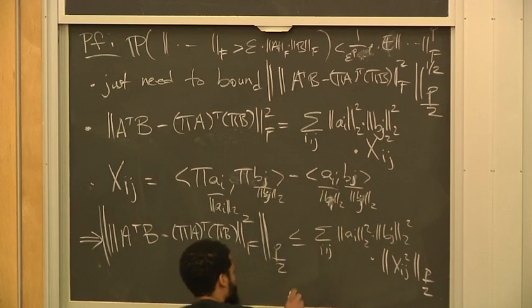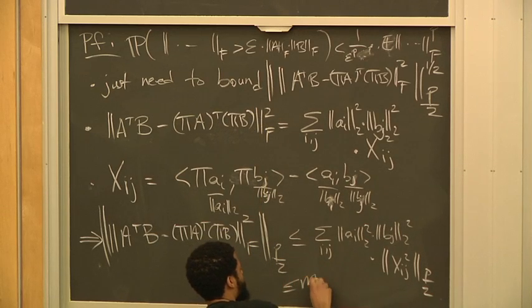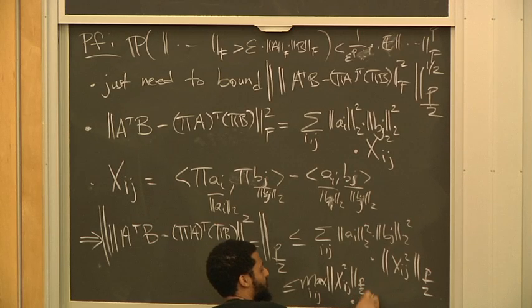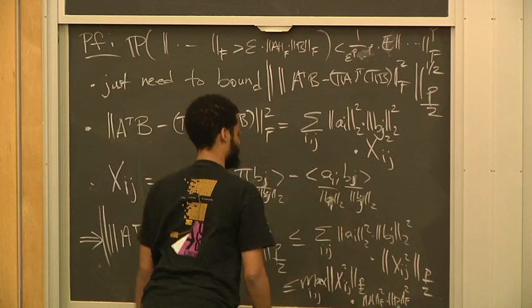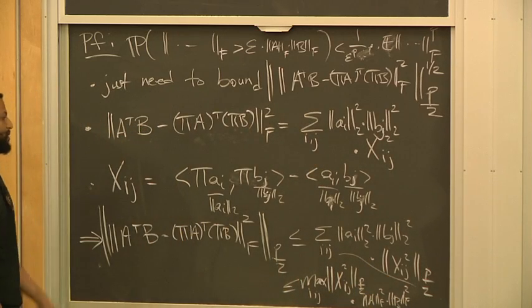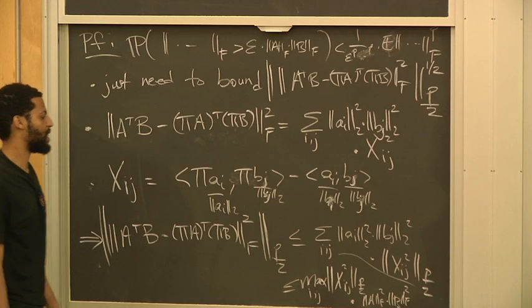So this thing here is at most the max over all ij of the p over 2 norm of xij squared, times the Frobenius norm of A squared times the Frobenius norm of B squared. It's not even Cauchy-Schwarz.